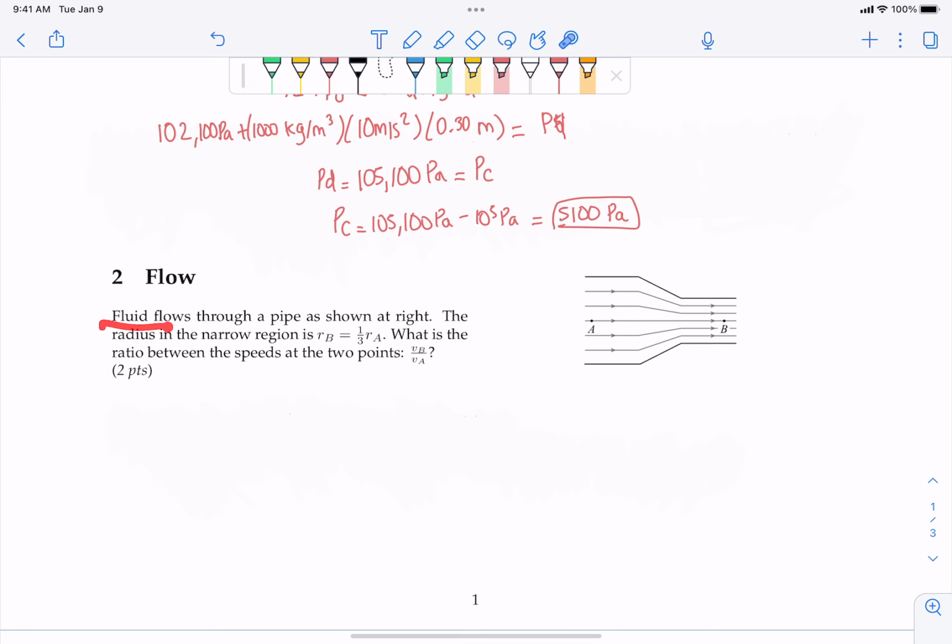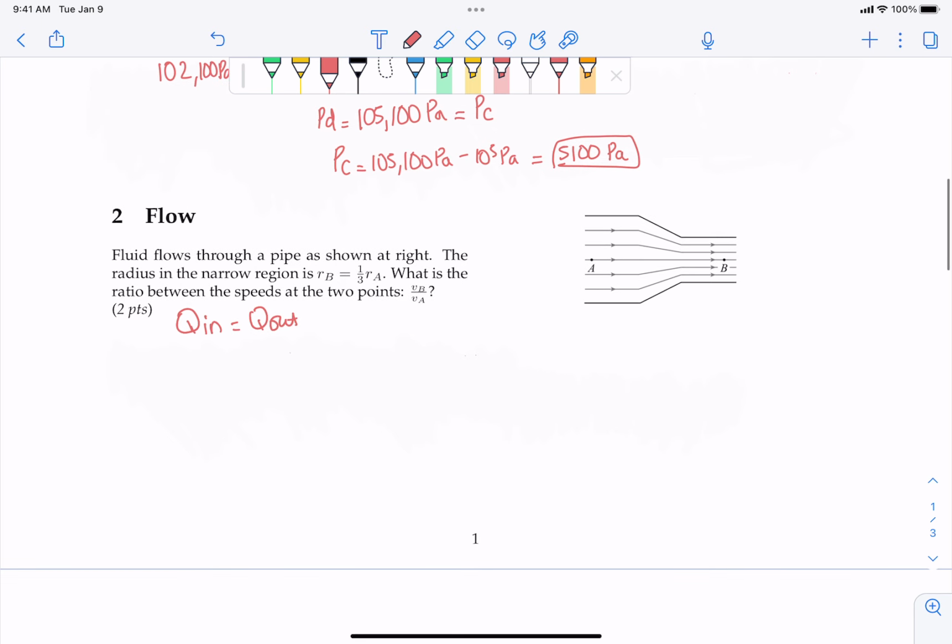When you have fluid flow, what's the relationship that we know with regards to fluid? We have this wider region right here, and this smaller region right here. The flow has to be what across those two different regions? Yep, Q in has to equal Q out. Excellent.